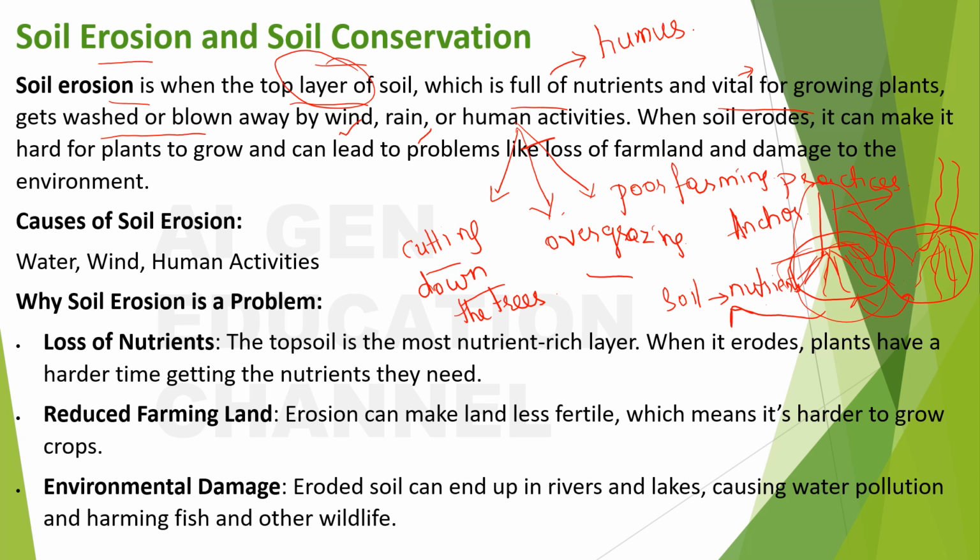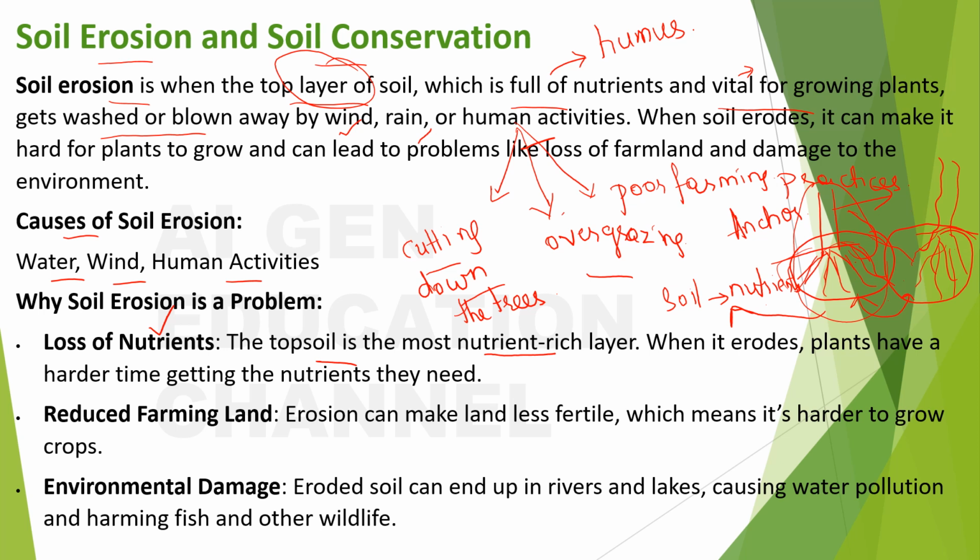What are the causes of soil erosion? I'm repeating it: water, wind and human activities, which I have explained to you here. And why is soil erosion a problem? Tell me that. It is because there is loss of nutrients. What did I say about the topsoil? It is the nutrient-rich layer, you remember, right?